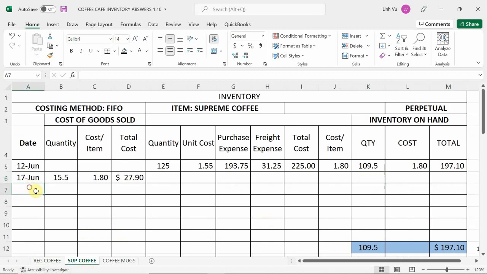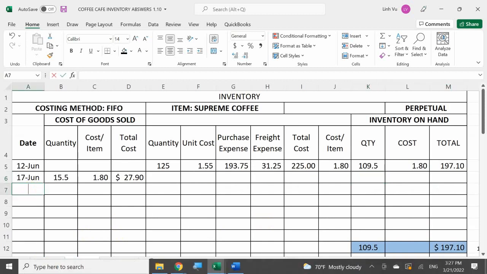Okay. Supreme coffee. It is the 18. We got 125 pounds.